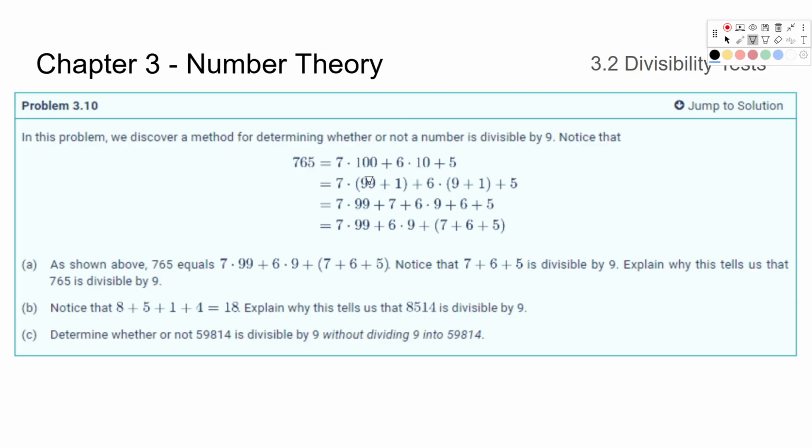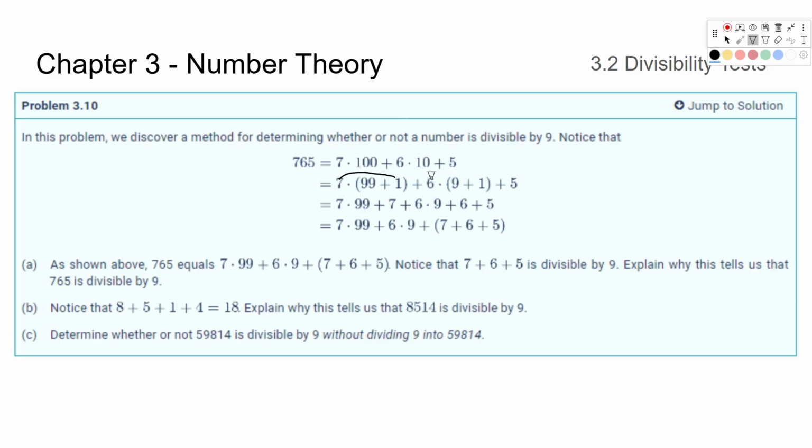We do 99 because we know that is divisible by 9. And we do this 9 plus 1 because we know 9 is divisible by 9. And then all we're left with is this digit here ends up getting multiplied here.